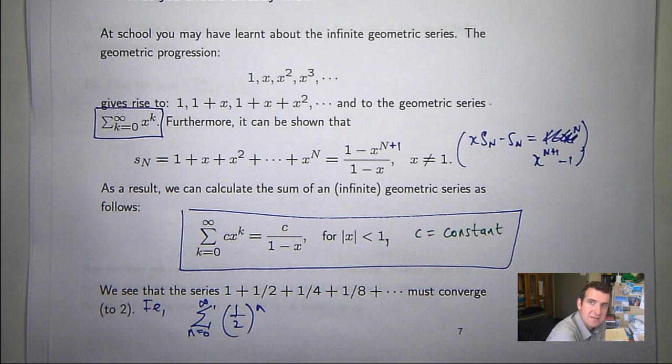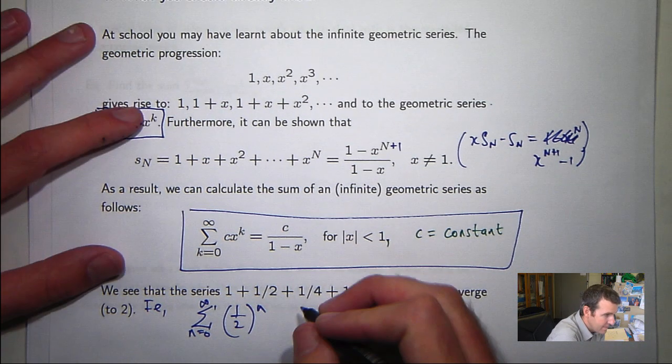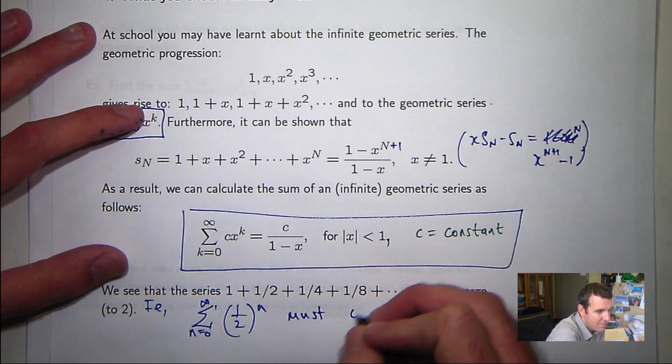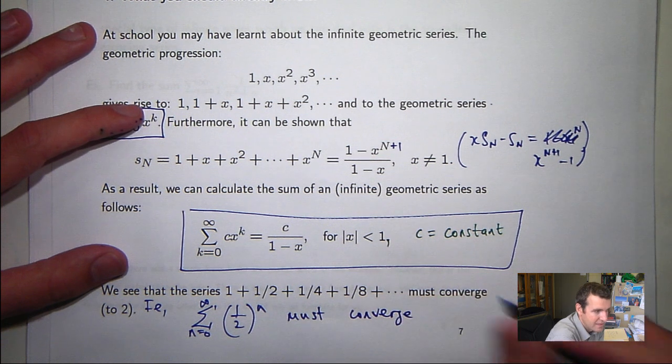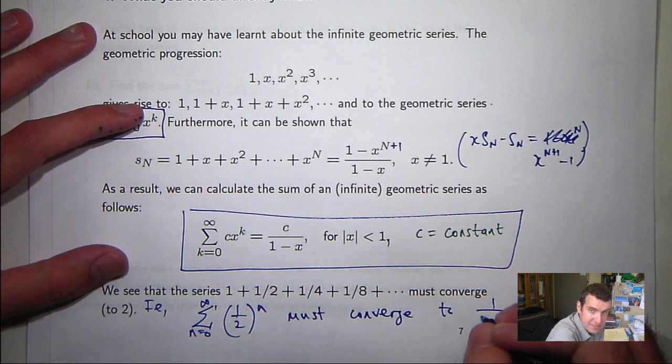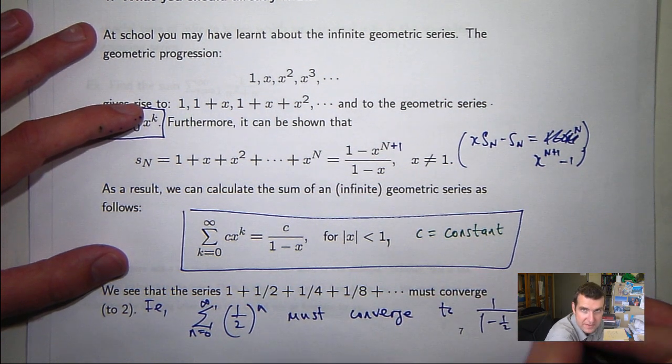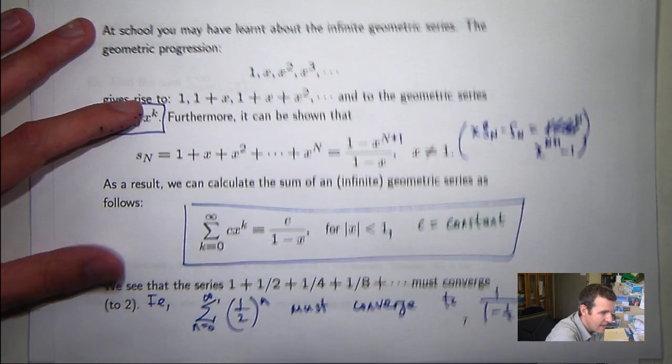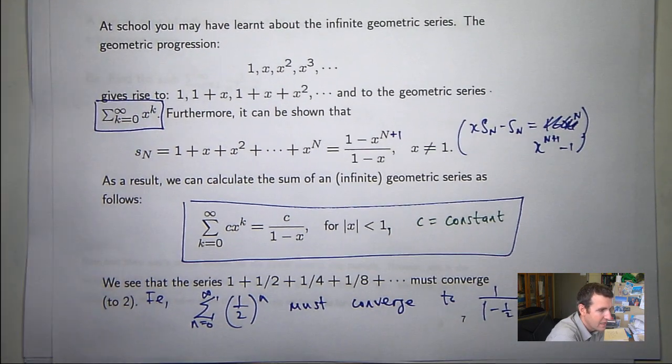Let's look at an application of this idea. Let's consider the series sigma (1/2)^n, where we're summing from n equals 0 off to infinity. Now, this is just a special case of the geometric series with x equals 1/2.